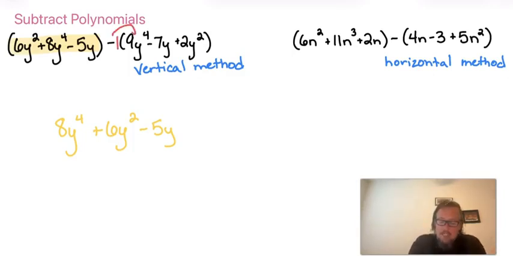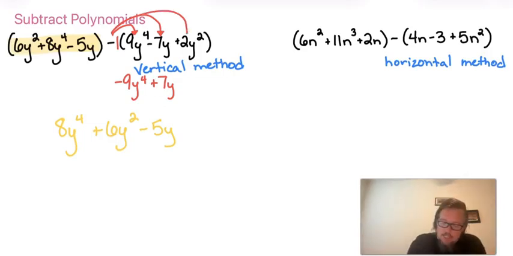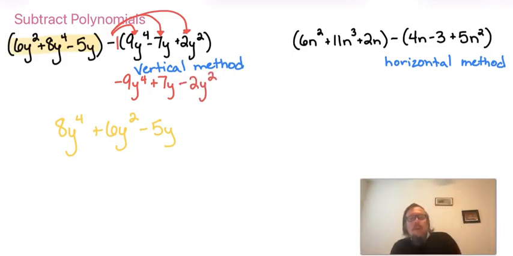So I'm subtracting 9y to the fourth. I am also subtracting negative 7y, and subtracting a negative is the same thing as plus, so minus times negative 7y is plus 7y. And then I'm also subtracting 2y squared, so minus 2y squared.